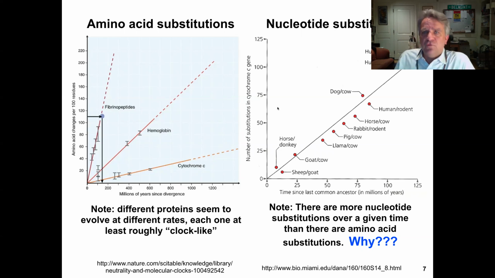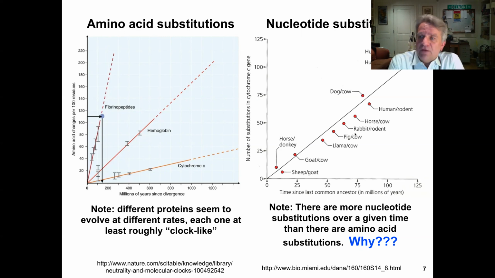However, here's a really interesting comparison with nucleotide substitutions. Here we're looking at the number of substitutions in the cytochrome C gene. That's the gene here, for which we were looking at the amino acid sequences. And what we're seeing is that there are more nucleotide substitutions over a given time period than there are amino acid substitutions.